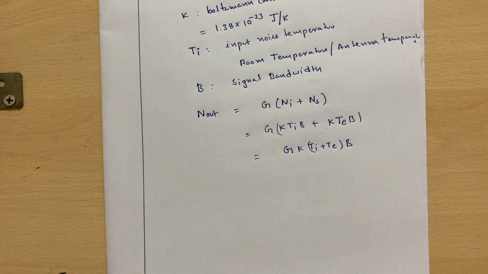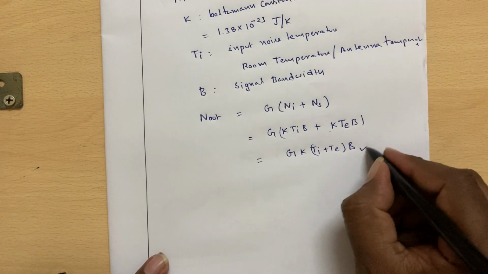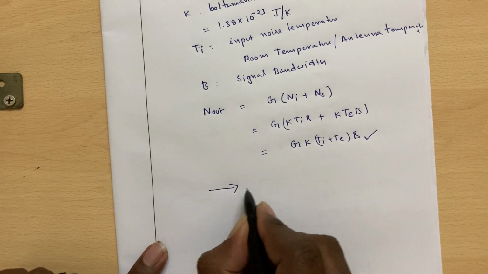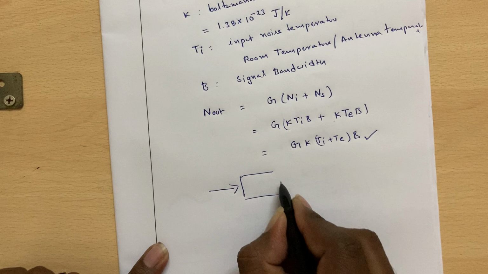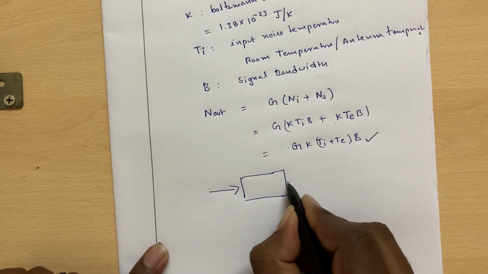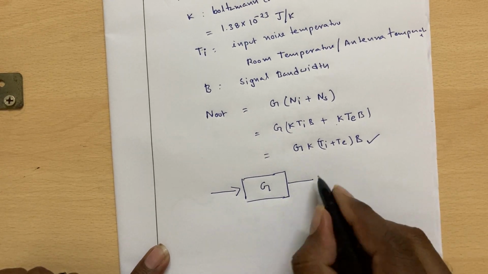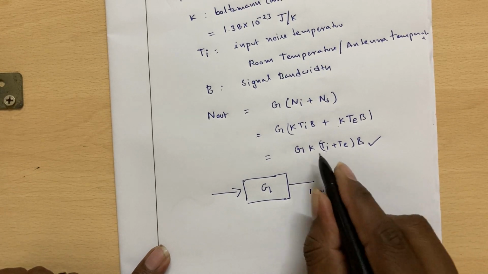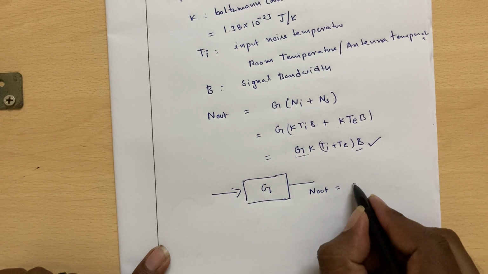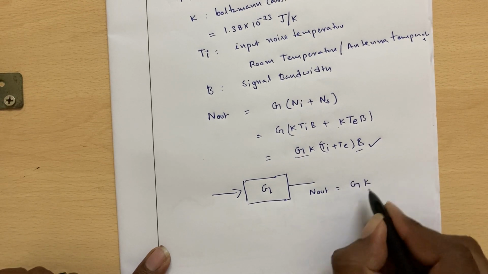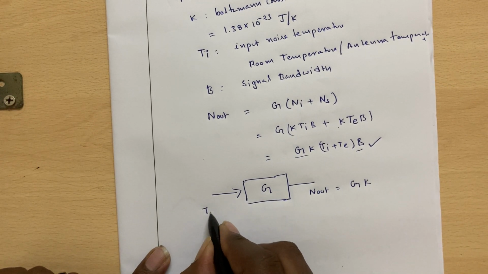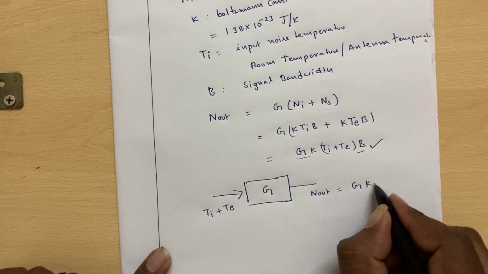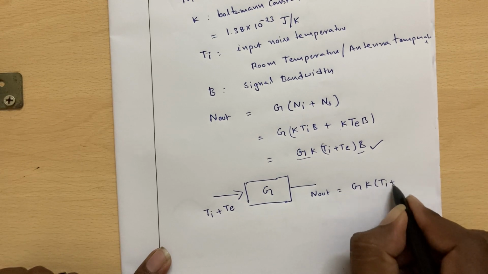Now if you show the additional noise by this equation, it suggests that there is a noiseless block whose input noise temperature is Ti plus Te. The output noise power follows the same noiseless block, that is G into k into Ti plus Te.